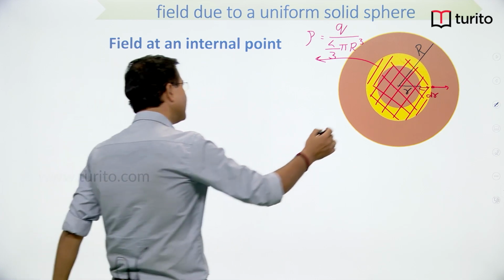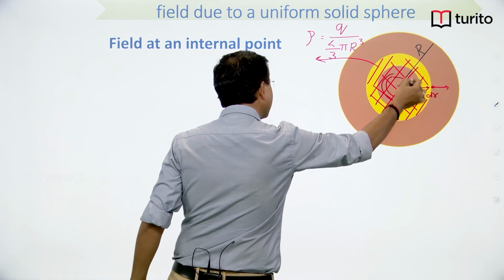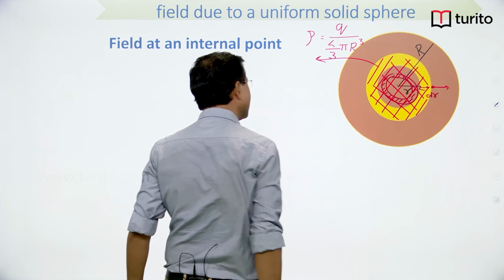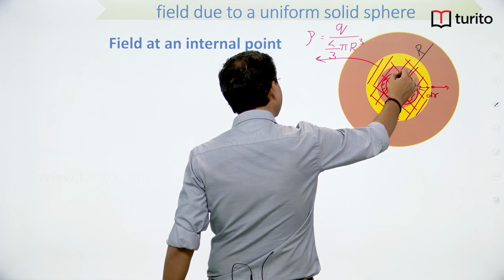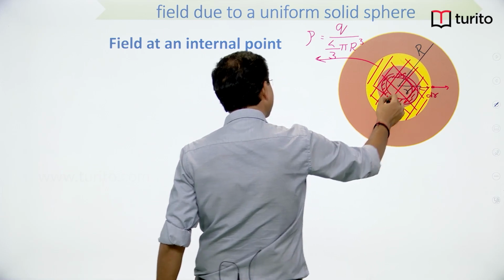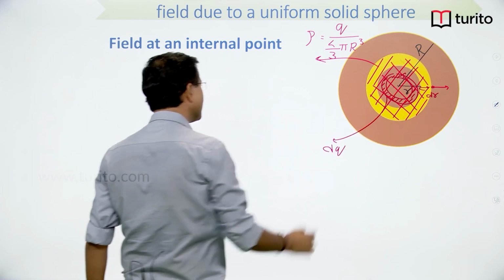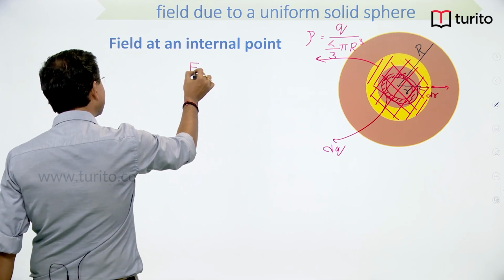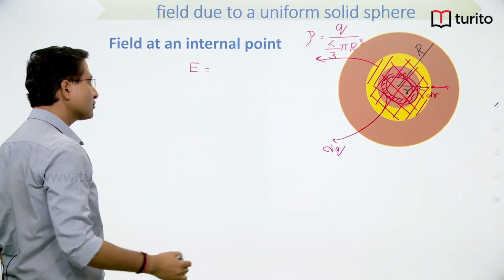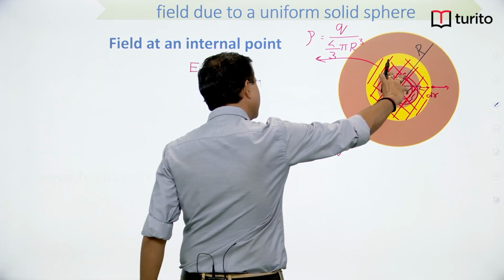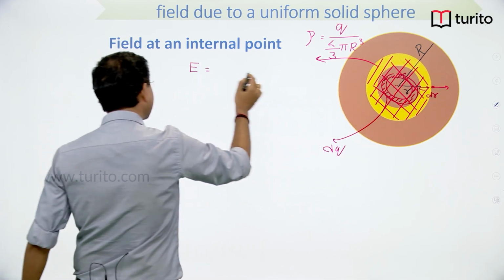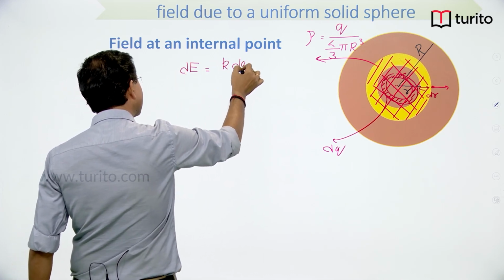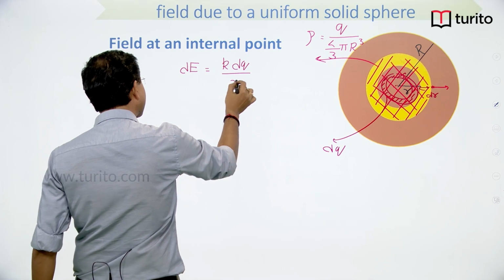So any element you consider inside, somewhere here. Let the charge on this one be dq. So what I need to do is write the field E, because of this element at some distance small r, field produced is k, charge on the element divided by r square.